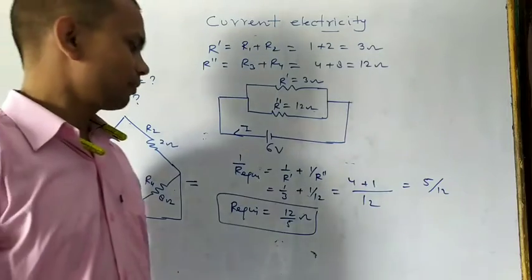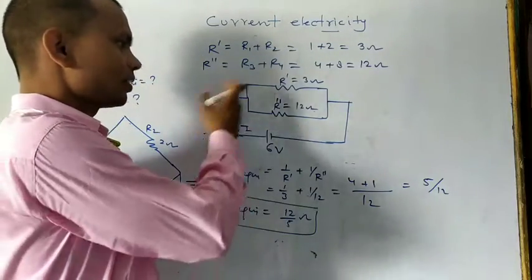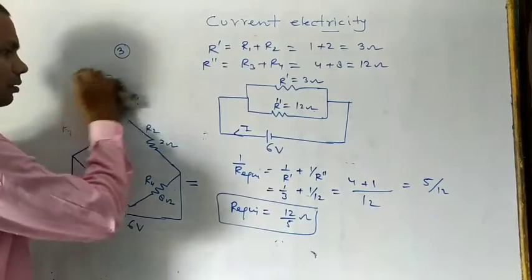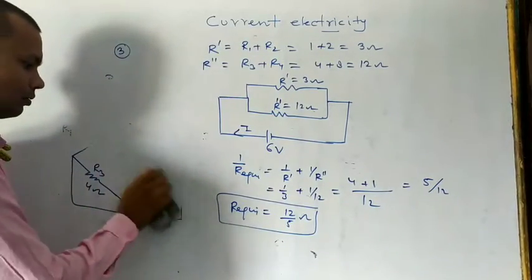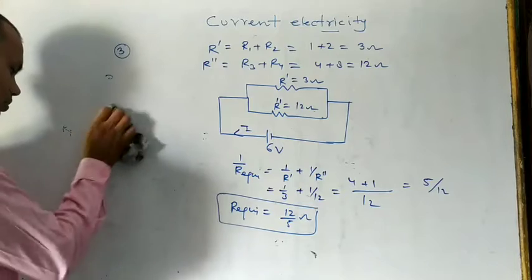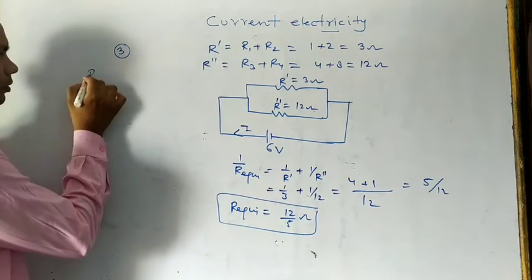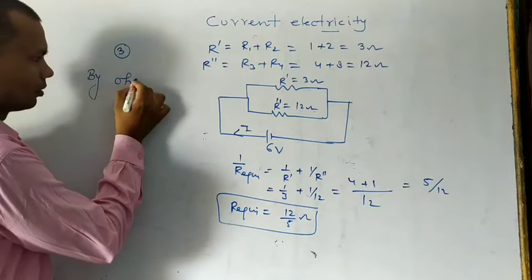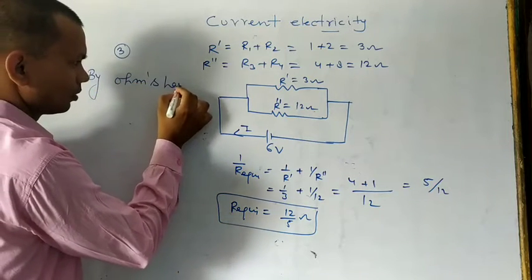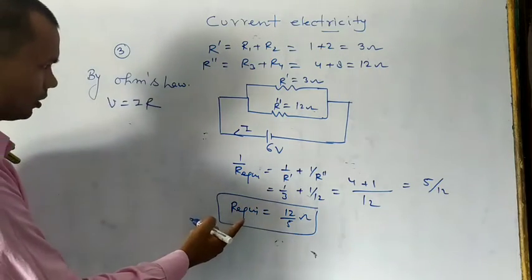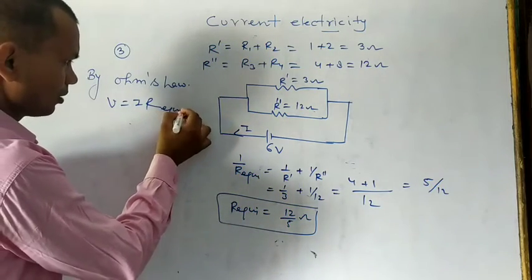Now the second one: we want to calculate how much current is flowing in this circuit. So you have to use Ohm's law. Now by Ohm's law, V equals IR. Here R means the R equivalent.